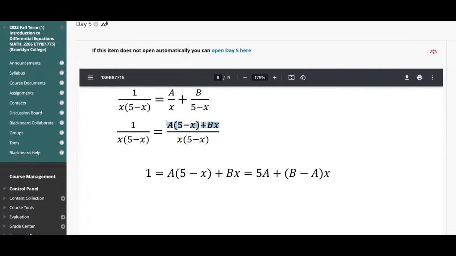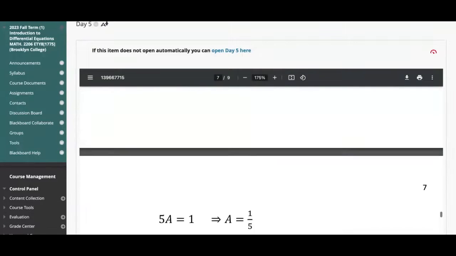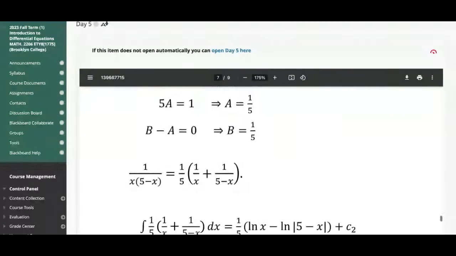So this numerator equals 1. Now you compare. What's the number before x? You don't see x on the left-hand side. That means b minus a is 0, so b equals a. Oh, okay. And you do have a constant term. Constant term 5a equals 1. That tells you a equals 1/5. Oh, okay. Got you. Thank you. That's called partial fractions. I forgot. That's okay.